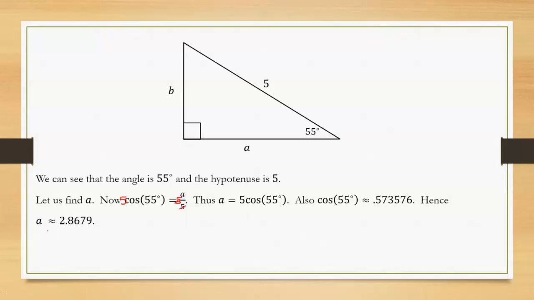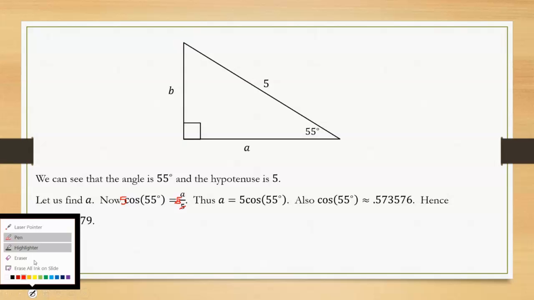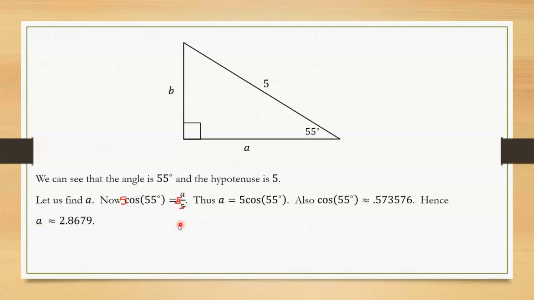So we get A is 5 times cosine of 55 degrees. So that's what A is. And as before, with our calculator, we calculate cosine of 55 degrees. It turns out to be about this. And so putting that in here, multiplying by 5, we get A is approximately this.